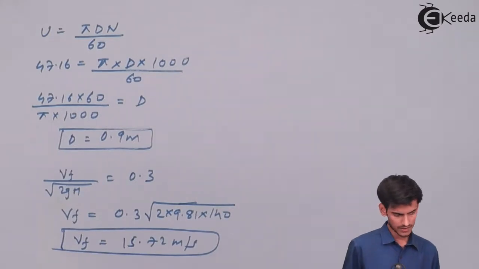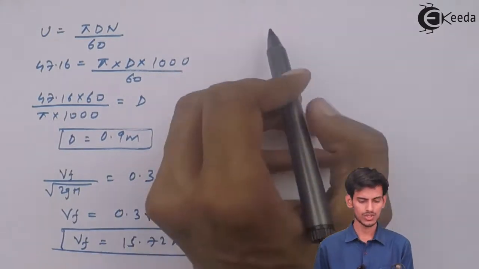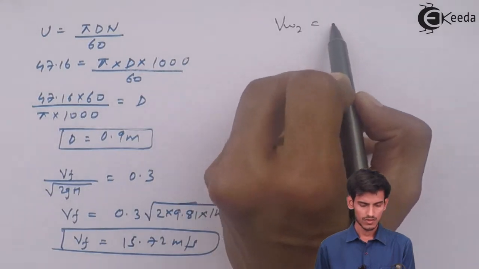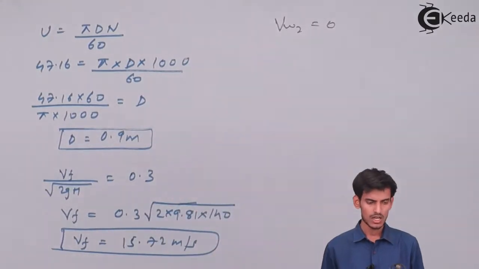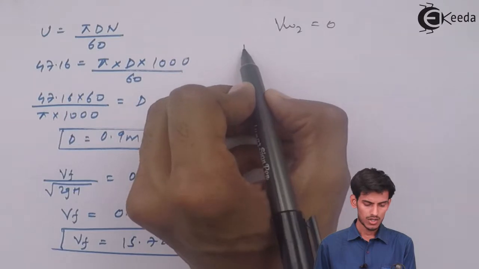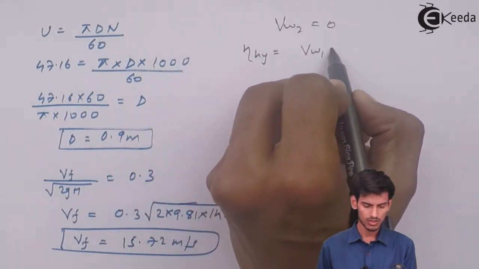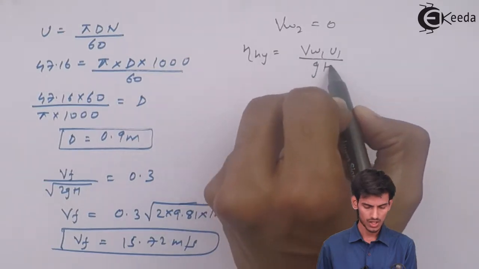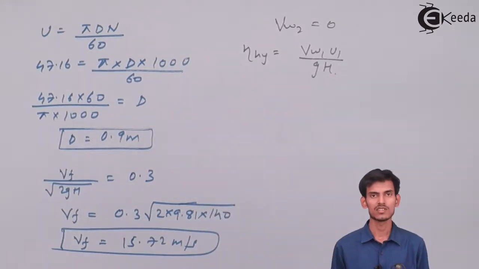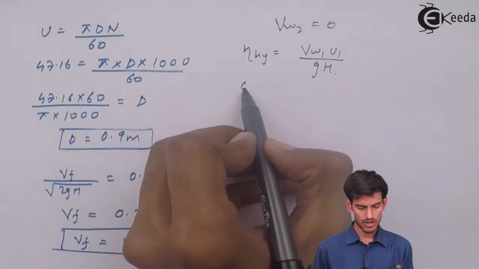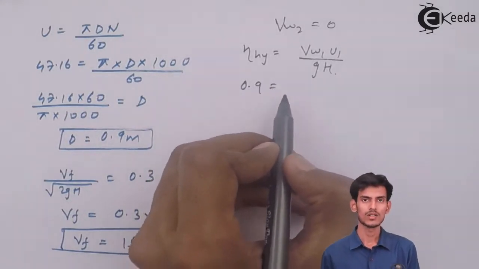Again, since this is a Francis turbine, Vw2, the whirl velocity at the outlet, is 0, and let's use the hydraulic efficiency formula, which is Vw1 U1 upon gH, and the hydraulic efficiency is given as 90%, so 0.9. Vw1 is unknown.